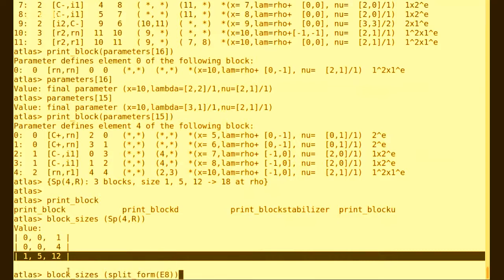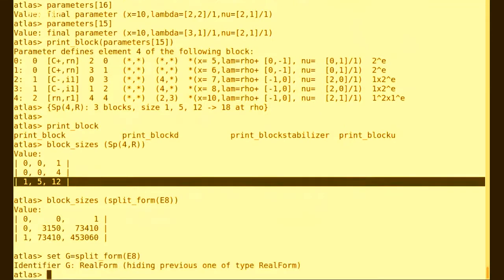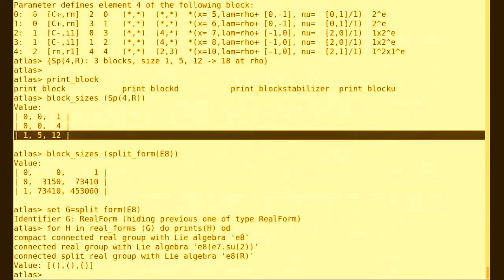What are the block sizes for the split form of E8? Actually, let's set G equal to the split form of E8. What are the real forms of E8? There are 3 of them.